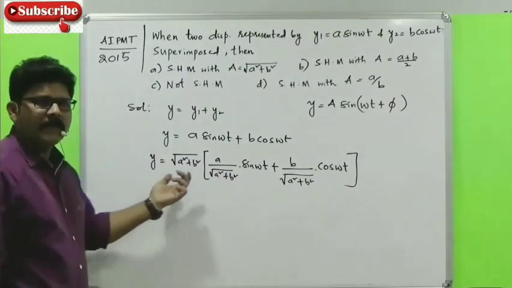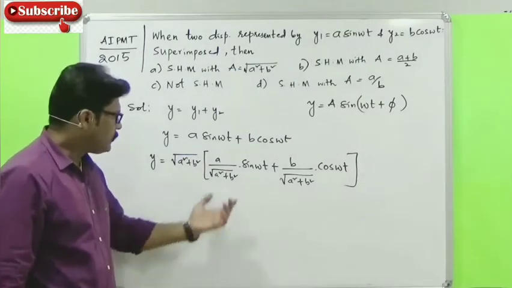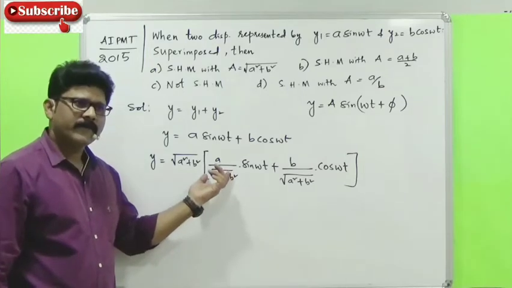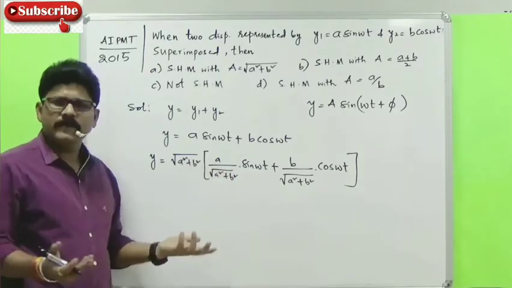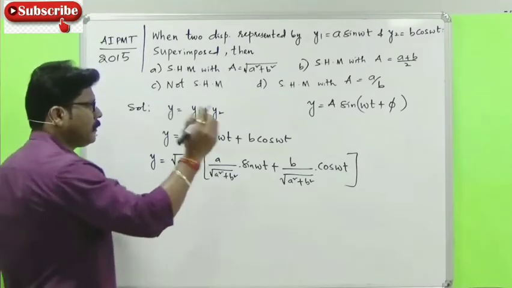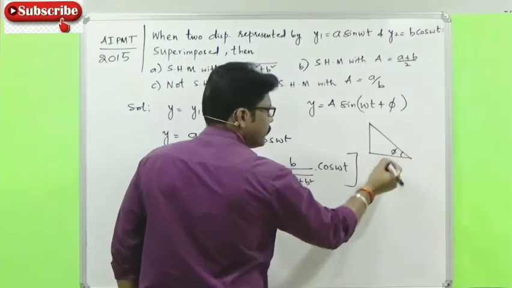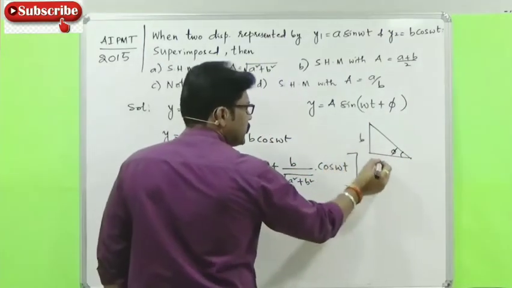What I did is multiplied and divided with under root of a square plus b square. This is nothing but just multiplying and dividing, which doesn't affect the numeric value. Now here, let us take this angle as phi. This is b, this is a.